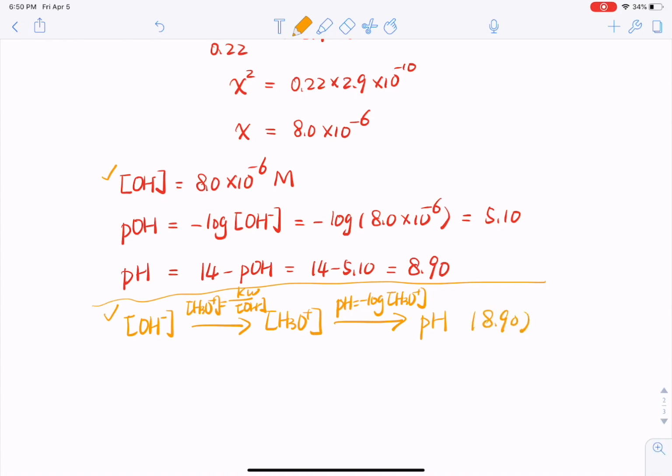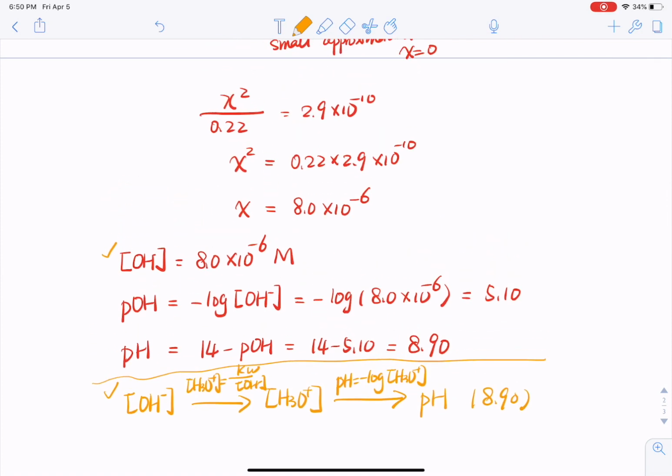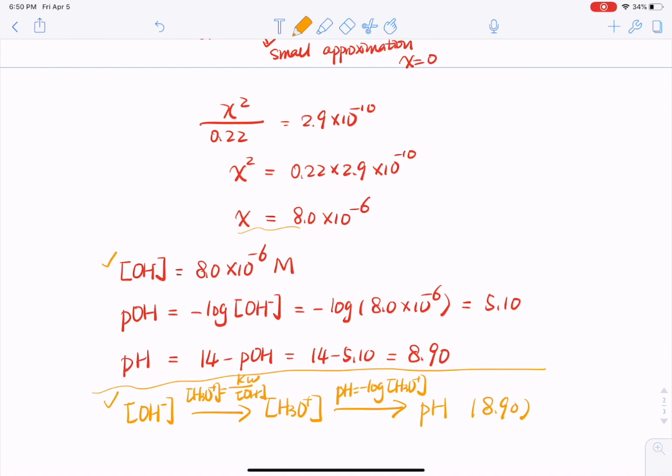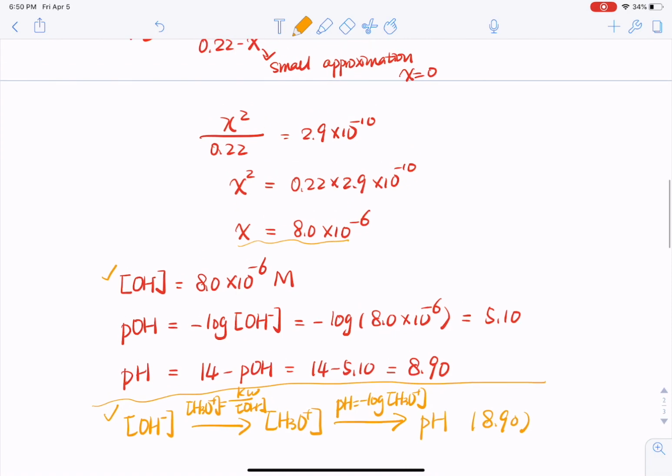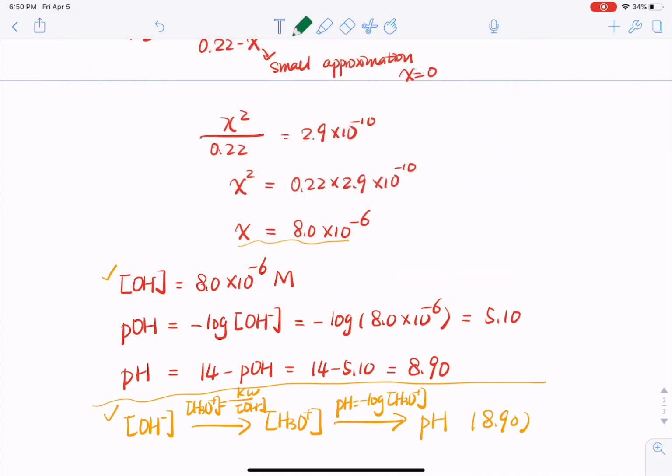Just one more thing we should check before we move on. After you get x, because we used the small approximation, we should check if it's valid. How do you check the validity of the small approximation? Use the x value divided by the initial concentration, multiplied by 100%.